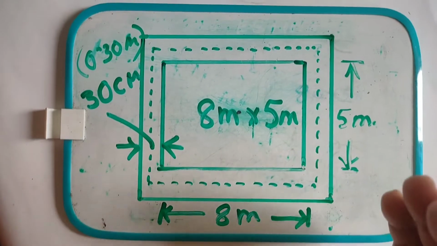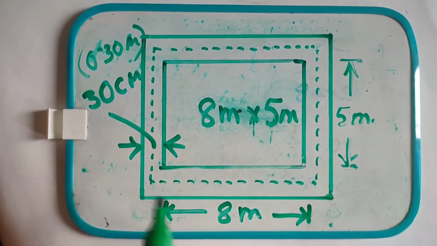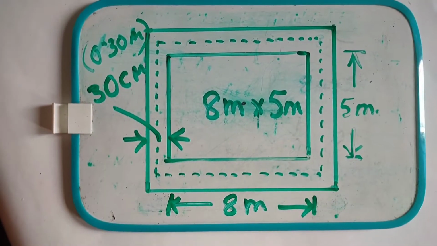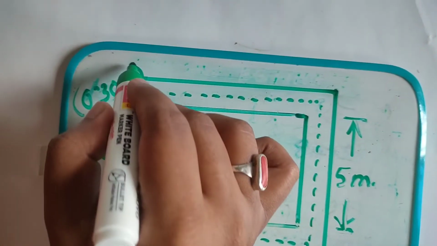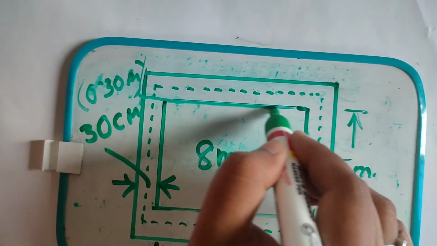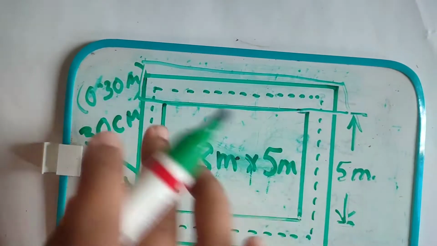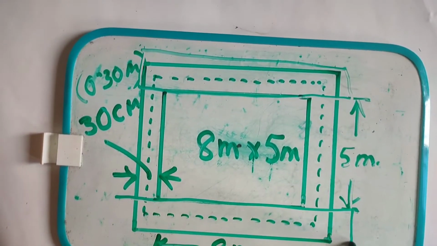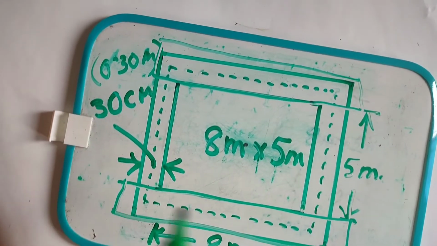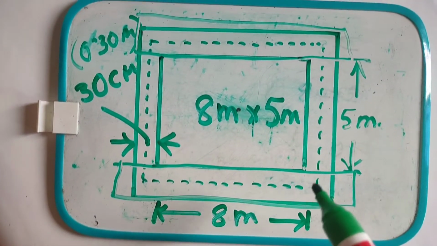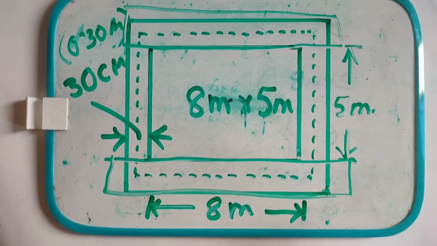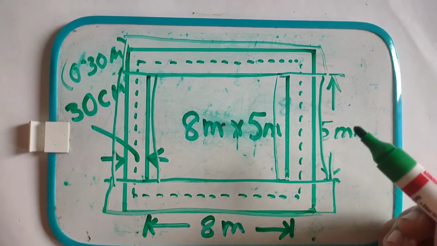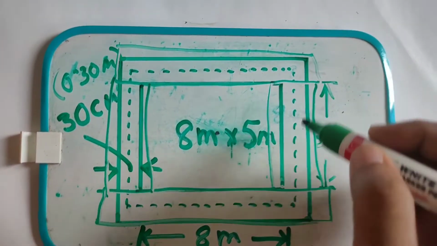So now while calculating the external faces, in case of long wall, always external faces are considered, this face and this face are considered while calculating for long wall, and the remaining part is taken up for the short wall.